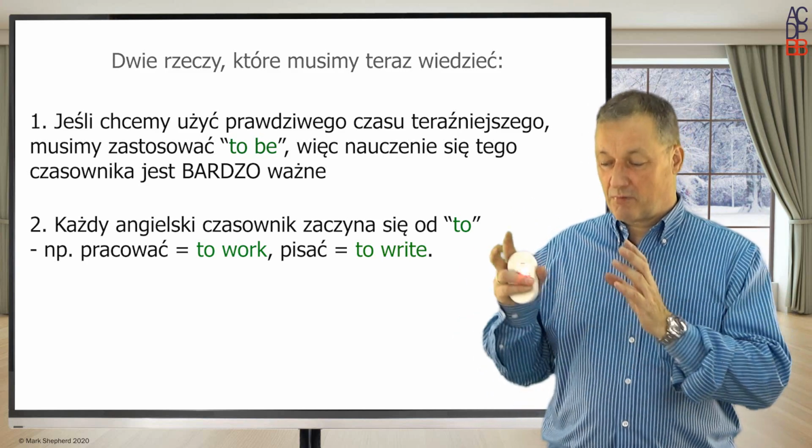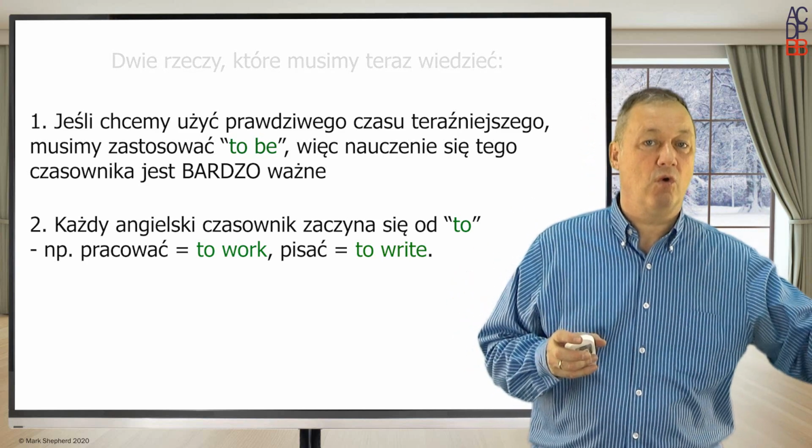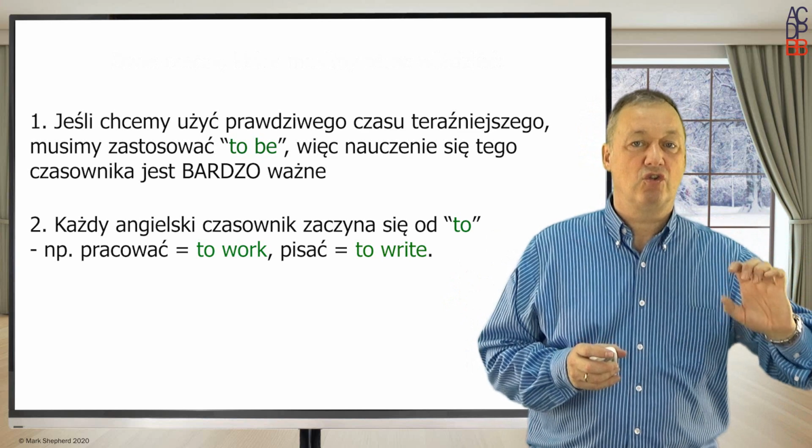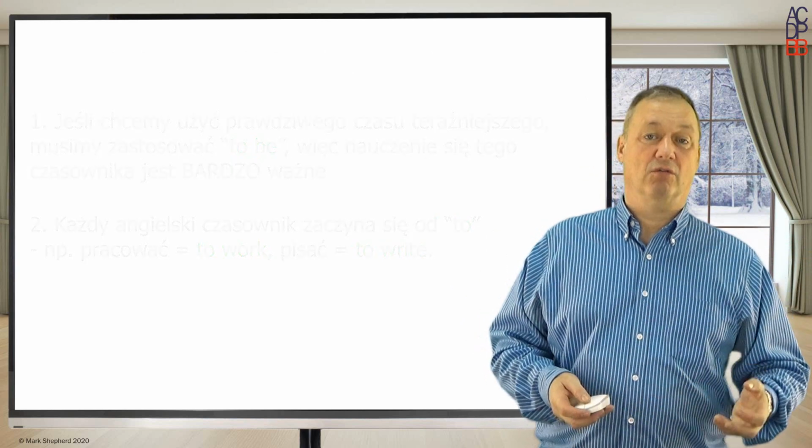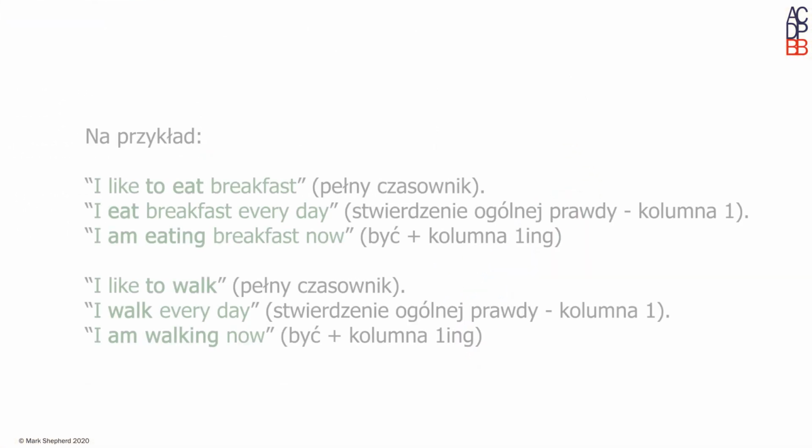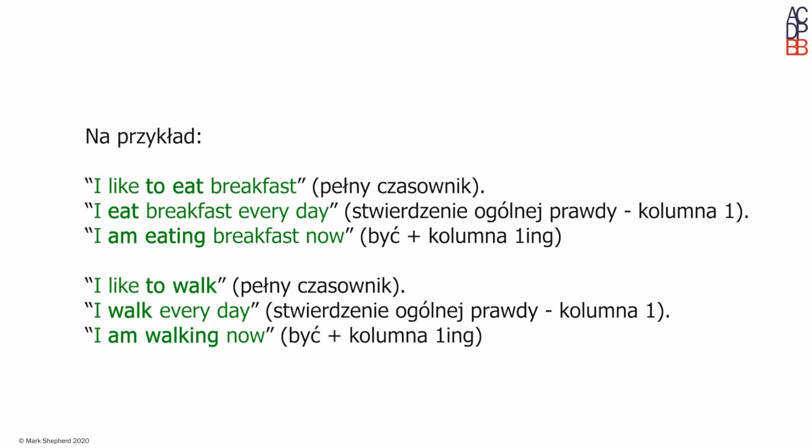For example, pracować is to work. Pisać is to write. So, for example, I like to eat breakfast. That's the whole verb. I eat breakfast every day. That is a general statement of truth. Column 1.